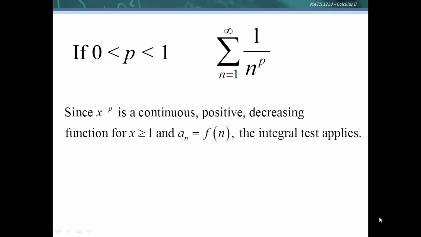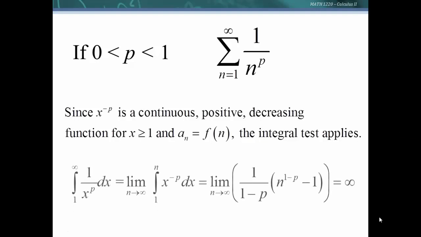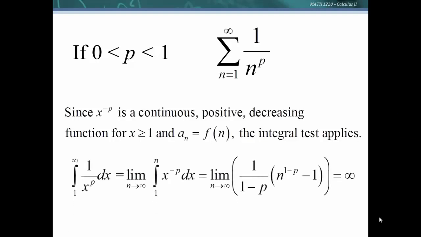So we would integrate from 1 to infinity 1 over x to the p dx, and we could express that as x to the negative p. And so when we do the antiderivative, we would need one higher power here, and then we would need the reciprocal of the power.